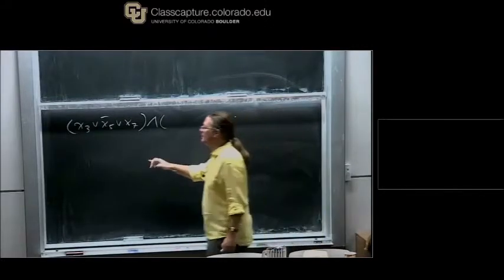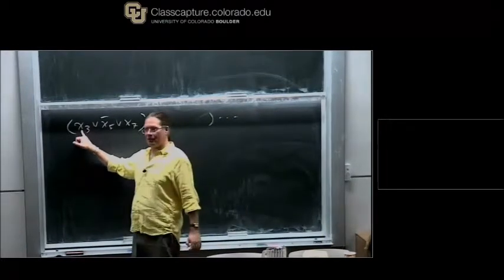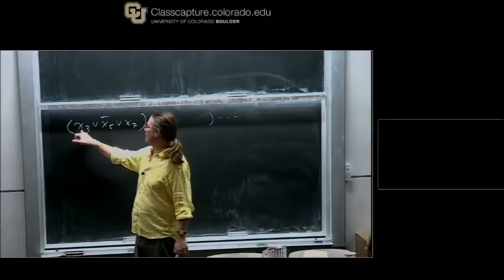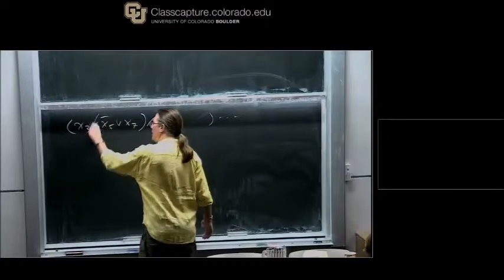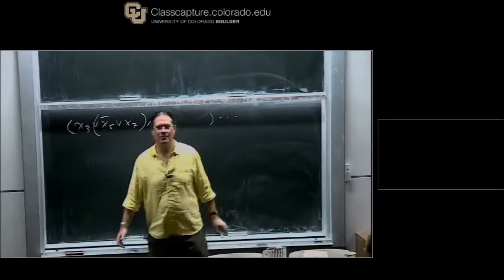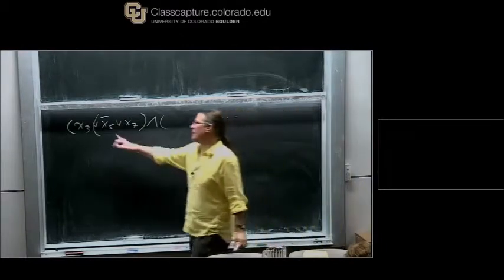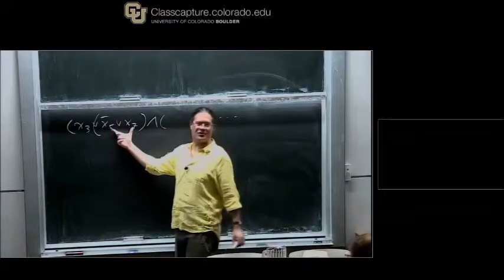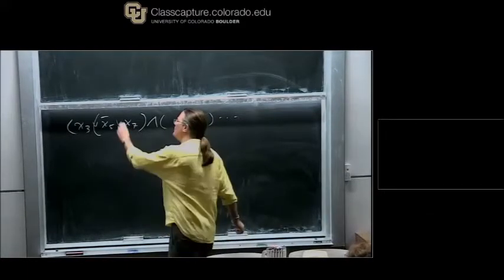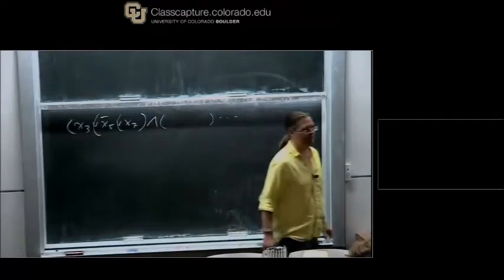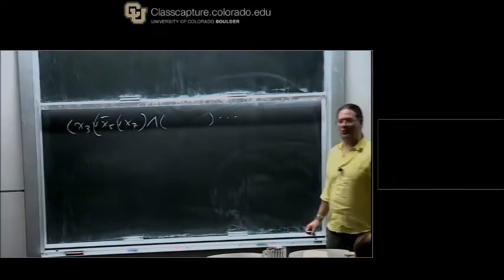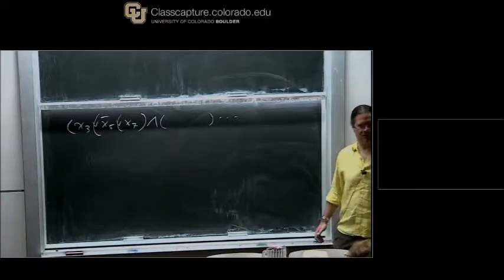On the other hand, if I set this variable in the way that the clause doesn't like and set it false, this 3-SAT clause now becomes a 2-SAT clause, because it must be satisfied by one of the remaining variables. If I were then to set x5 true, which is not what this clause was hoping for, now the only way to satisfy it is to set x7 true. It becomes a 1-SAT clause, or people often call it a unit clause.